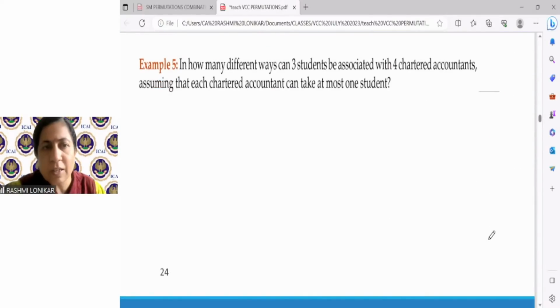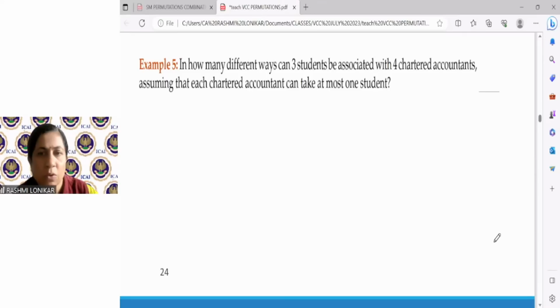One sum before we take the break. Example 5. In how many different ways can 3 students be associated with 4 chartered accountants, assuming each chartered accountant can take at most 1 student?